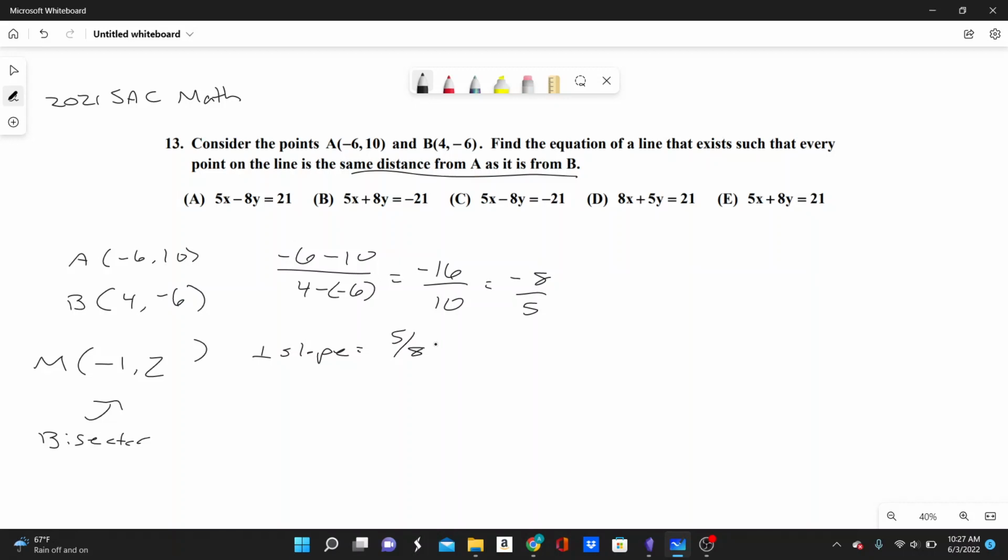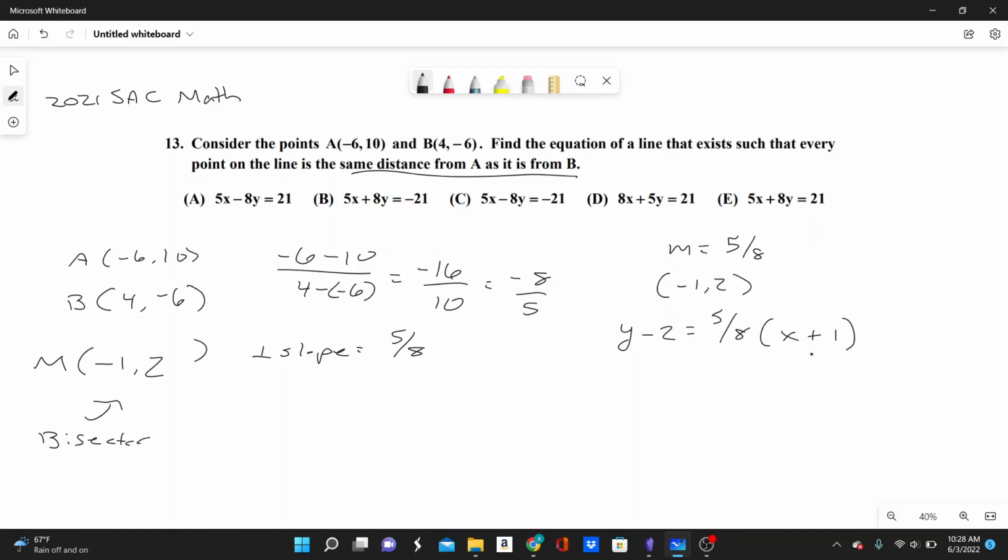All right, so from here, you have a point in the midpoint and you have the perpendicular slope, so we can just use point-slope form. Our slope is 5/8, our point is (-1, 2), and so the equation of our line, if you use point-slope, will be y minus 2 equals 5/8 times x plus 1.